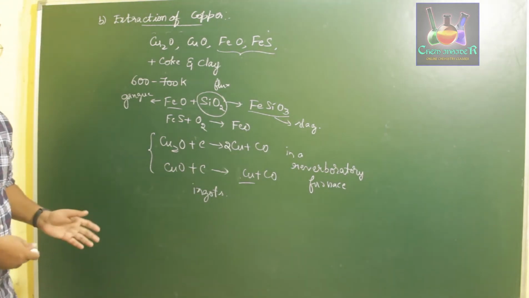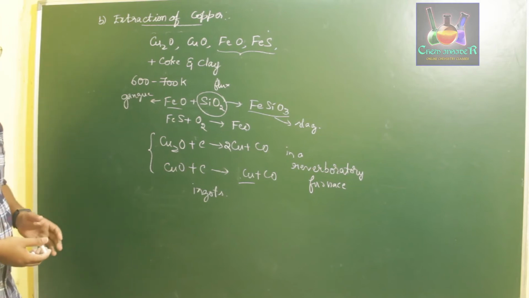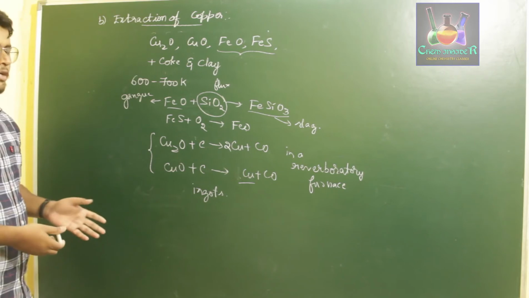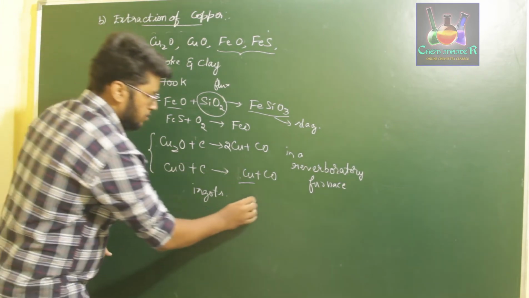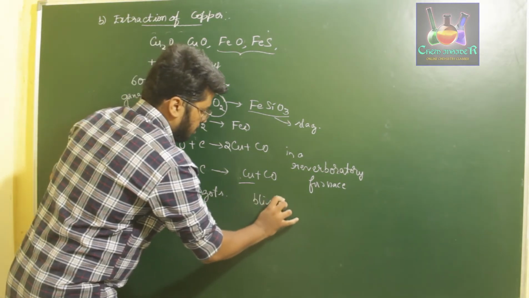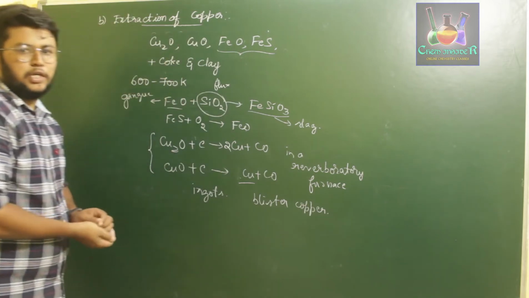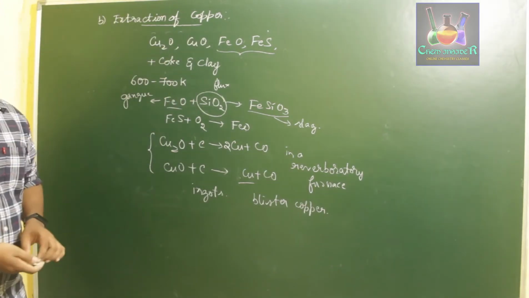Those ingots are then freed of carbon impurities. They might carry some carbon impurities when they are burned in a reverberatory furnace. So those impurities are removed and then converted to blister copper, which has a very low concentration of carbon impurity. So this is all about the extraction of copper from its metal ore.